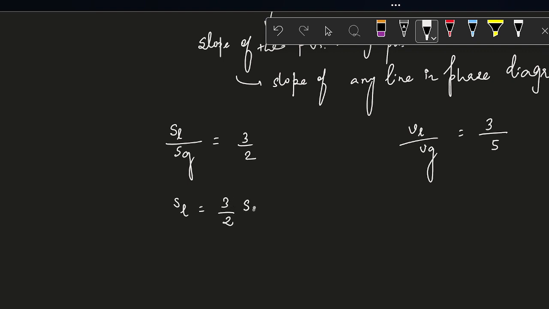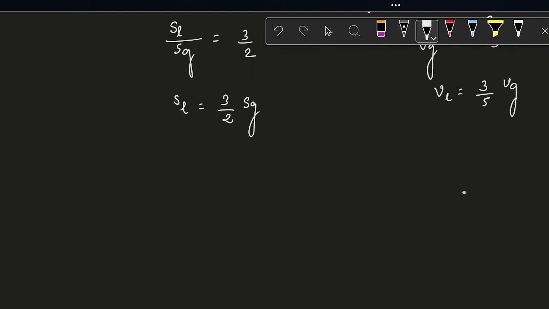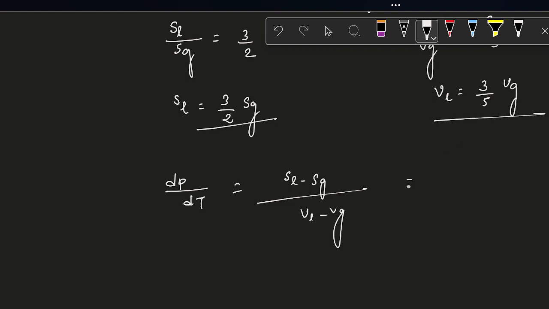So SL equals 3 by 2 into SG, and VL equals 3 by 5 into VG. Now replace these in the main Clapeyron equation, dp by dt equals SL minus SG divided by VL minus VG. So this is 3 by 2 SG minus SG, divided by 3 by 5 VG minus VG.